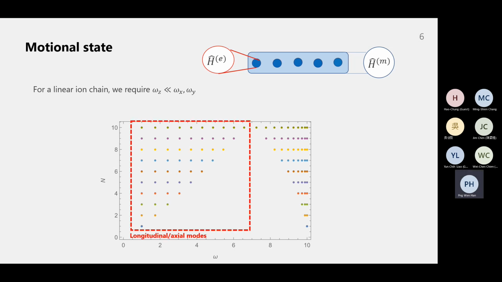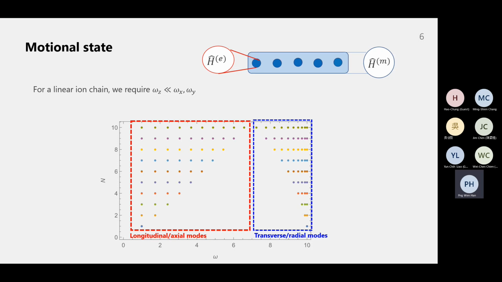As you can see, the left-hand part has a larger frequency gap, and this corresponds to the longitudinal modes. The right-hand side is the transverse modes. The transverse modes have higher mode frequencies because we are providing them a stronger confinement.